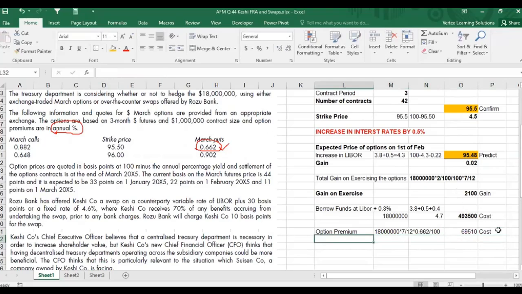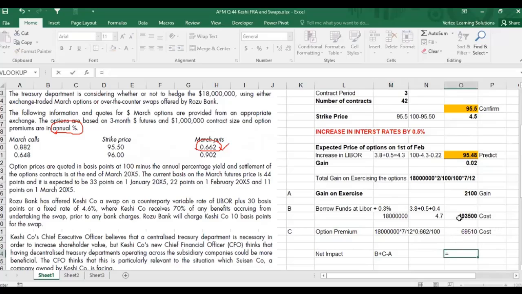So this is my A, this is B, and this is C. Then I have to calculate my net impact, and the net impact will be B plus C minus A. Does that make sense?